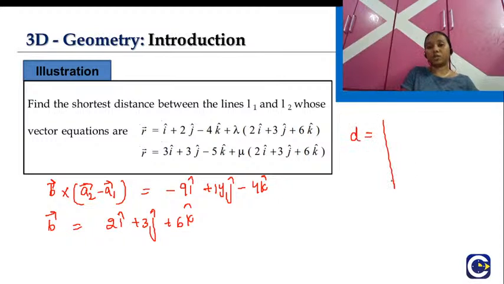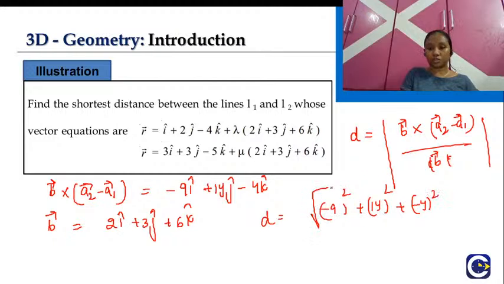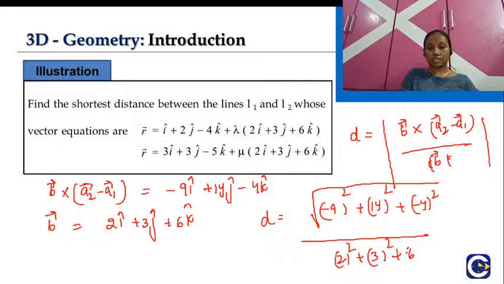My d will be equal to modulus of b bar cross a2 bar minus a1 bar, by modulus of b. The same thing as a whole we can take modulus. So modulus of this one is minus 9 whole square plus 14 whole square plus minus 4 whole square under root, and in the denominator 2 square plus 3 square plus 6 square under root.